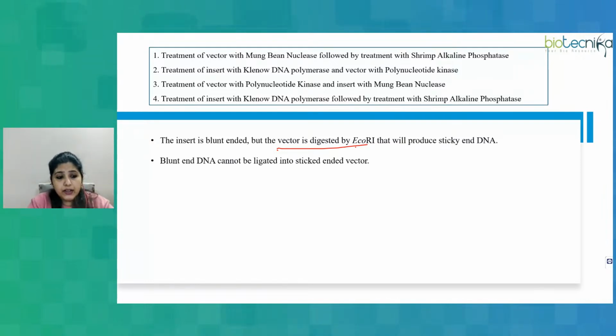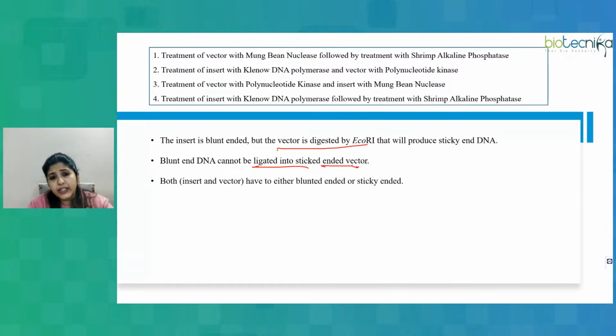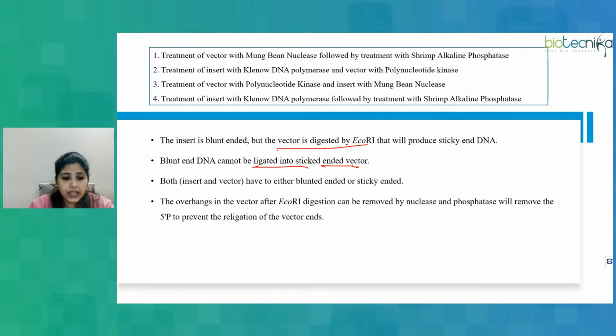But you cannot ligate a blunt end DNA to a sticky end vector. So either both the insert and vector have to be blunt ended or both have to be sticky ended. Here, as the vector has an overhang region, being digested with EcoRI, we can convert it into the blunt end.